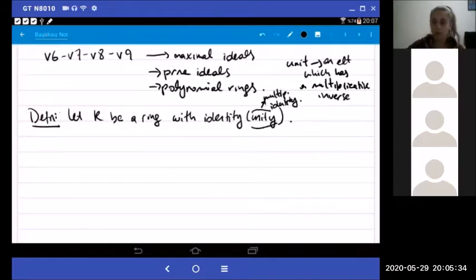Now we have a ring with identity, and we are going to define an ideal M as a maximal ideal.